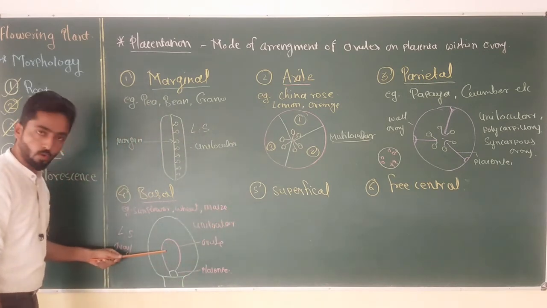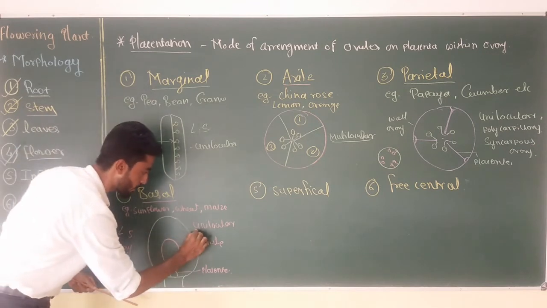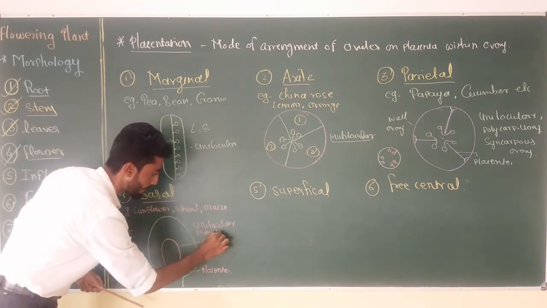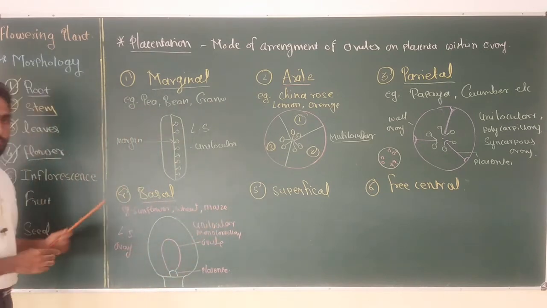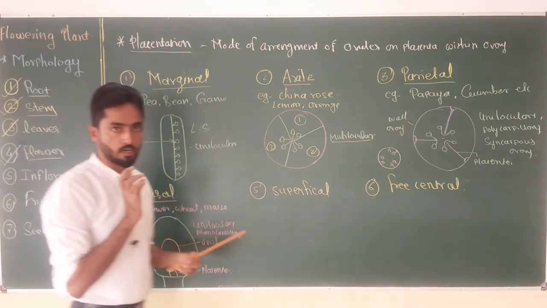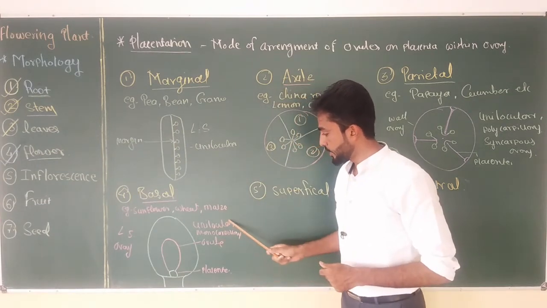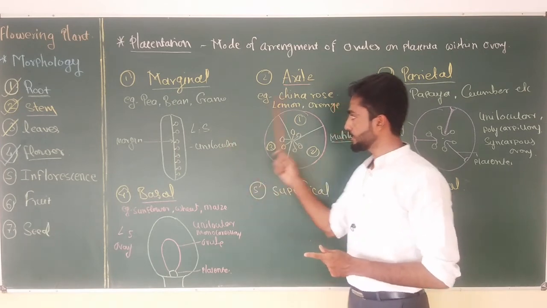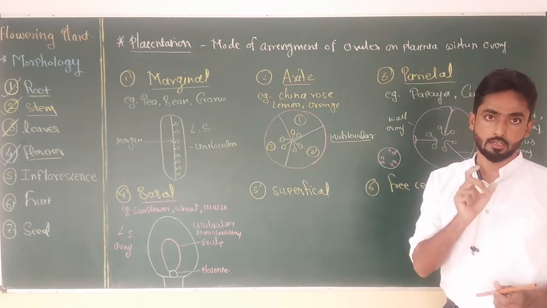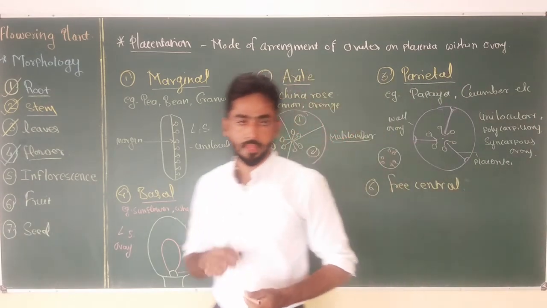And a single ovule is present, one large ovule at the center, so it is called as monocarpellary. So in case of basal placentation, the frequently observed condition is unilocular monocarpellary ovary. So in all these types you have to remember the type of ovary also. And example is sunflower, wheat, and maize plant.